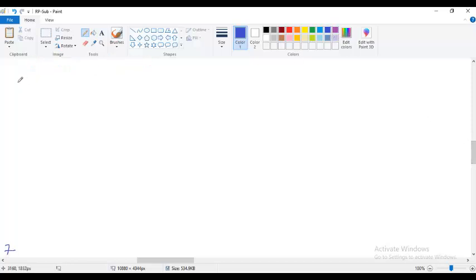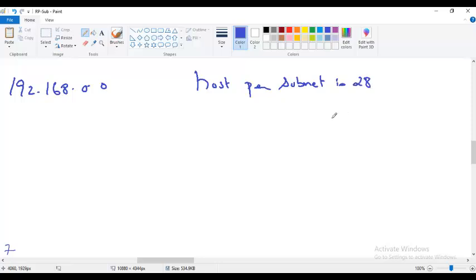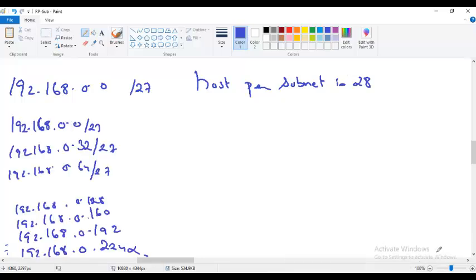192.168.0.0, and then the number of hosts per subnet is 28. Do it. If you see here, the first IP will be .65. Okay, then this is going to be what, 96.